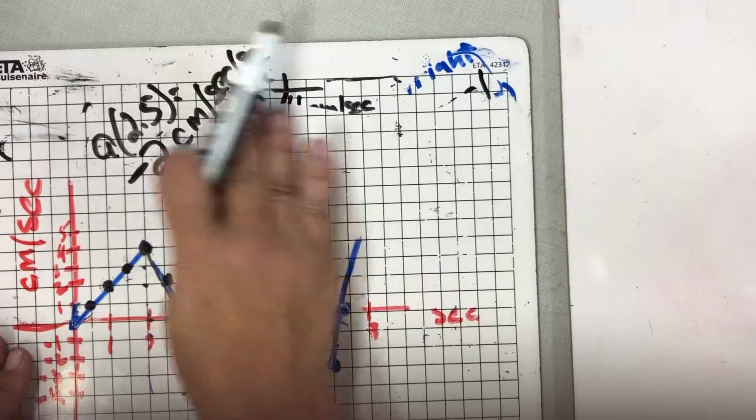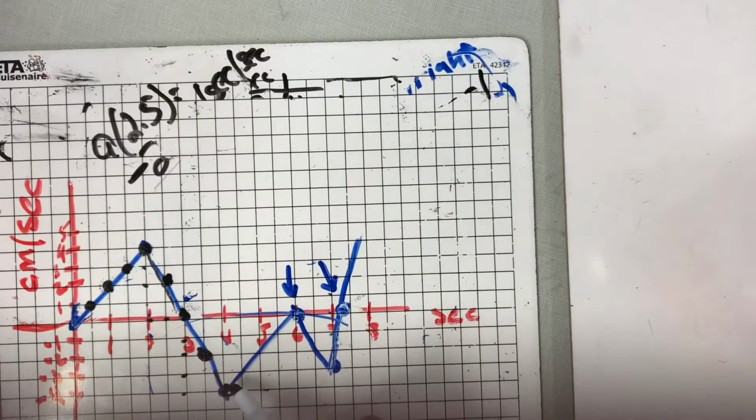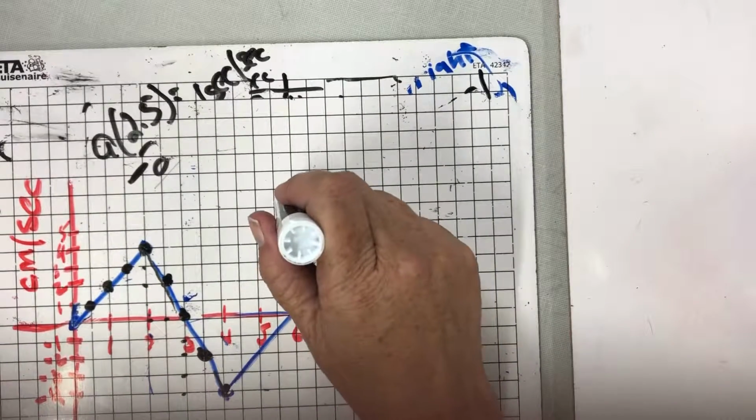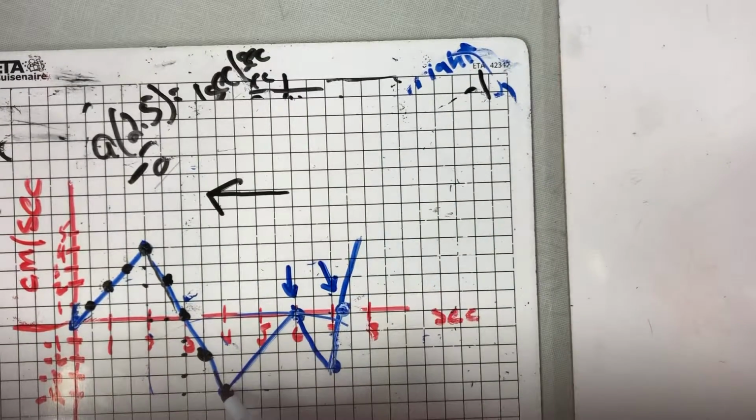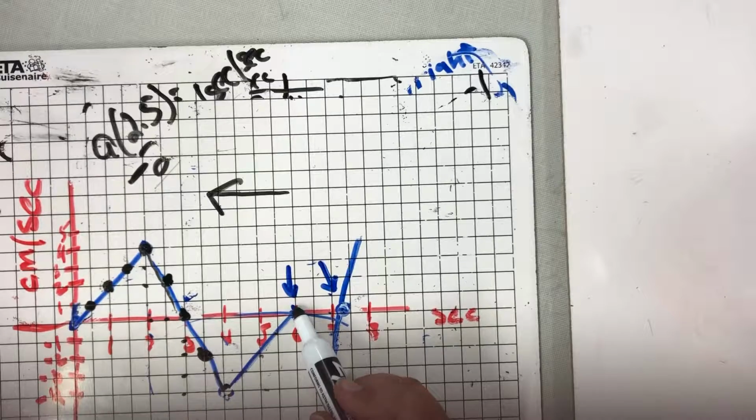So even though my velocity is negative, remember all that negative means for velocity is that it's moving left. So here it's moving left at a velocity of -3 centimeters per second, -2 centimeters per second, -1 centimeter per second, and then finally 0.